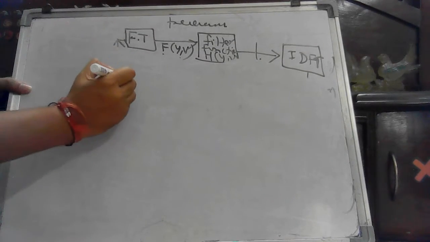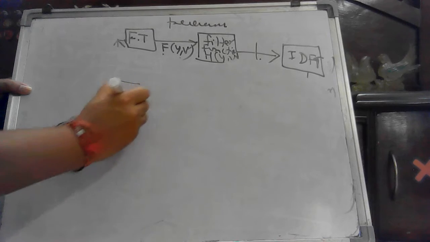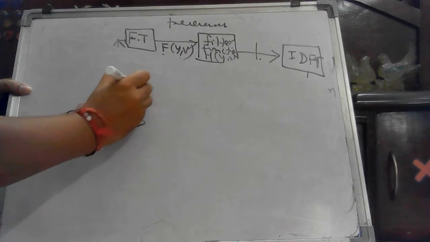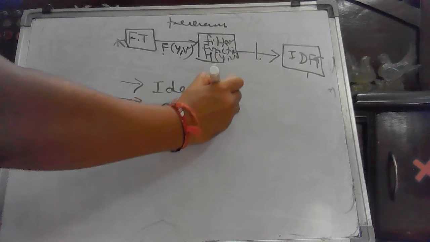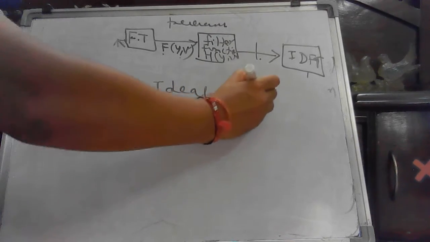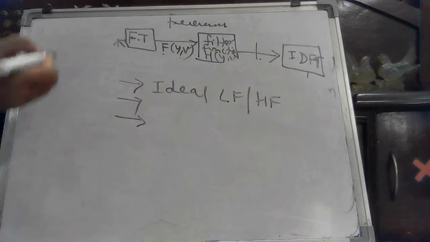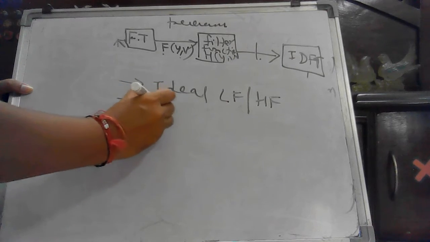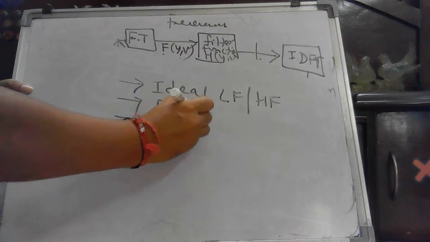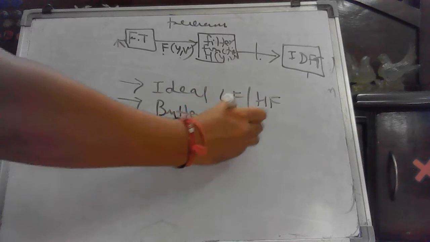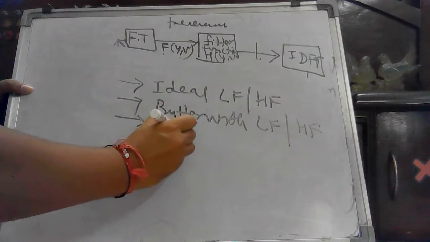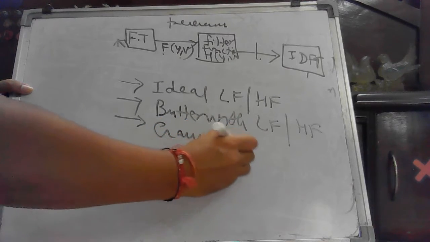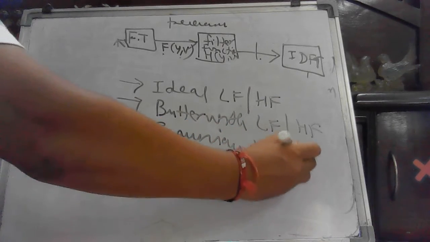Every filter in the frequency domain has three different types. One is known as the ideal filter, so the name will be ideal low pass filter, or it can be ideal high pass filter. The second type, which is very popular, is known as Butterworth, low pass or high pass, and the third one is known as Gaussian, low pass or high pass.